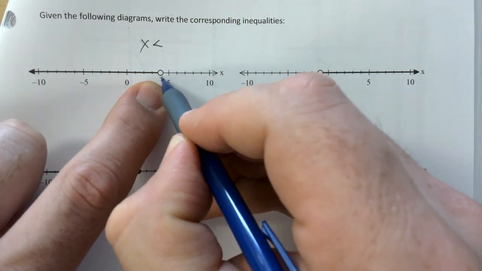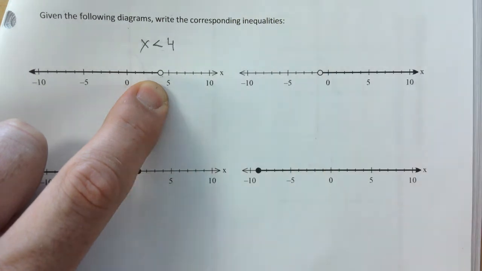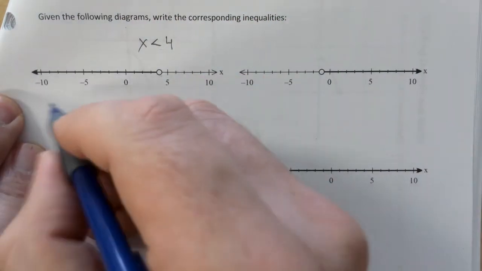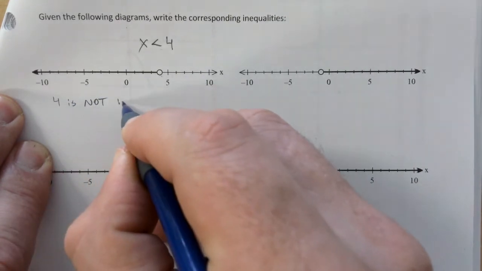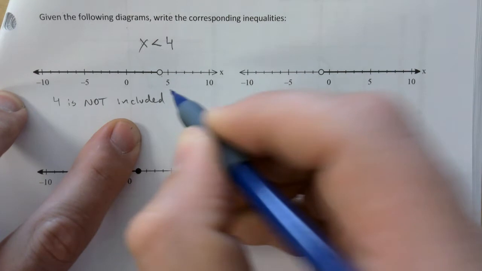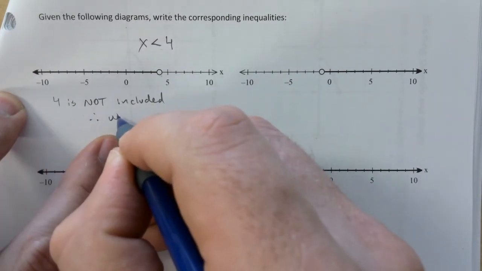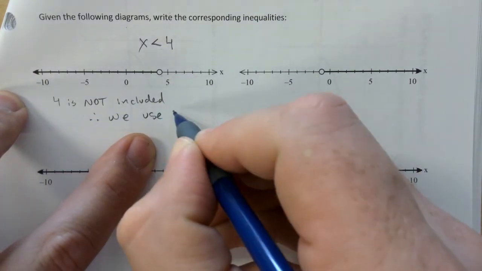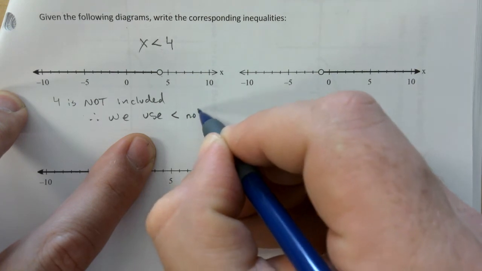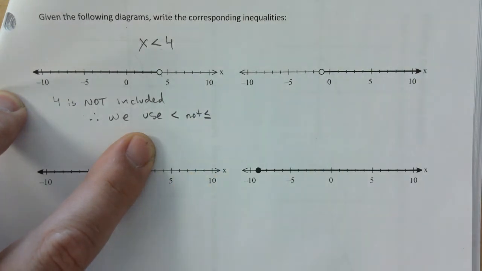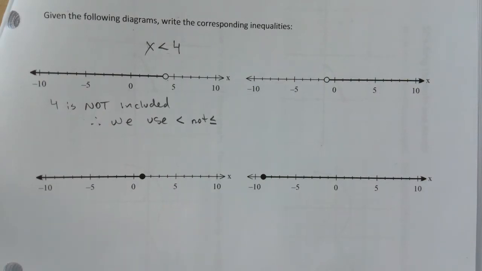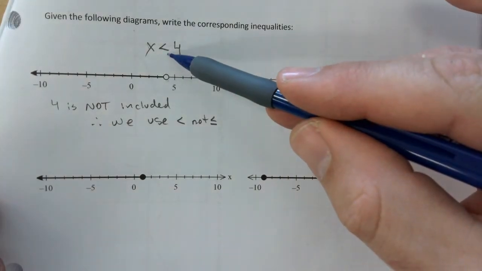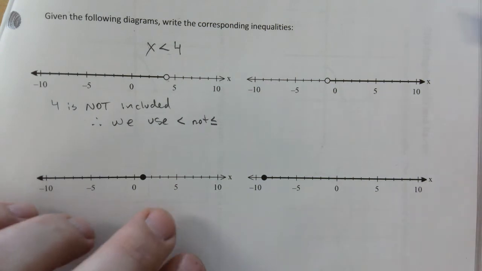So this is 4. That's it. I will just note here, 4 is not included. Therefore, we use not. Okay, so if you go back on your notes later, it's like, why is it that we didn't do the equal to as well? It's because it's not included.